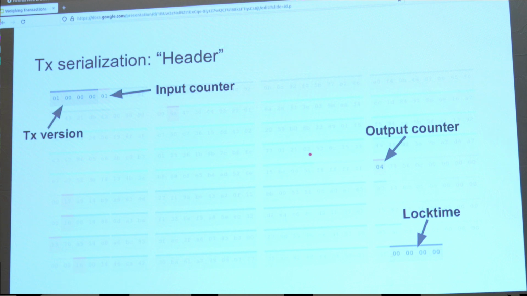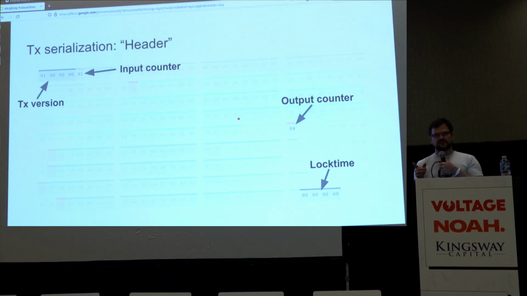If anybody has been following the recent announcement of the V3 transactions, this is the TX version field that we're talking about, and this would be a 3. Also, as you can see, for example, here, the 1 is in the front because it's little endian. Damn Satoshi. So, we've looked at the header, and again, if you have any questions, just get my attention and we'll get you a mic.